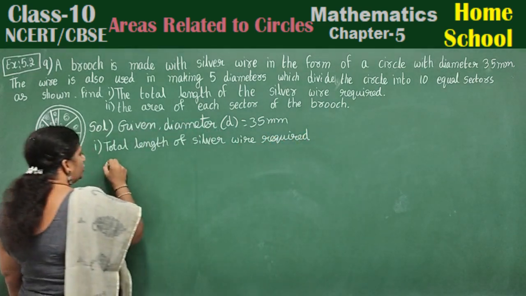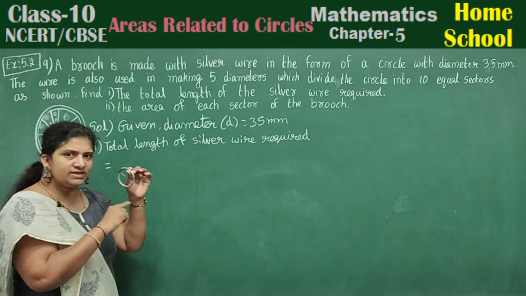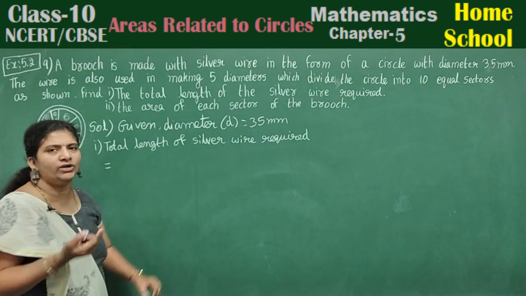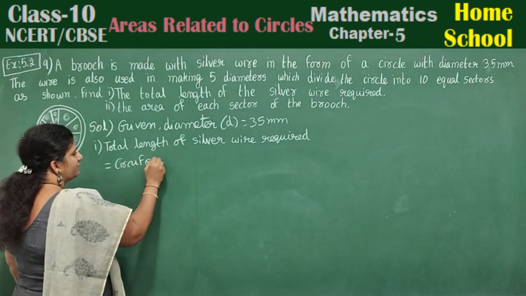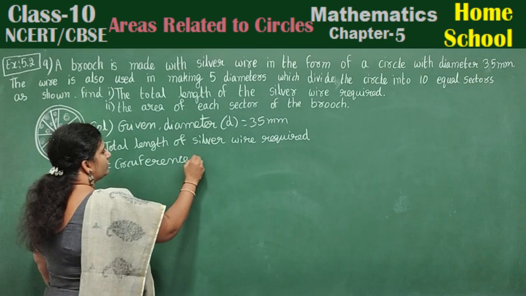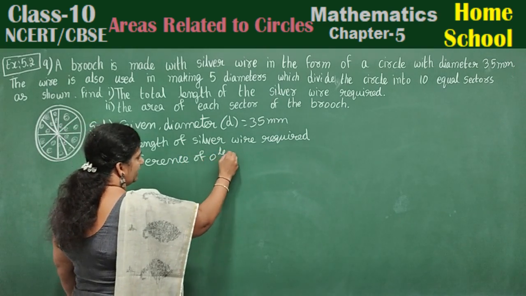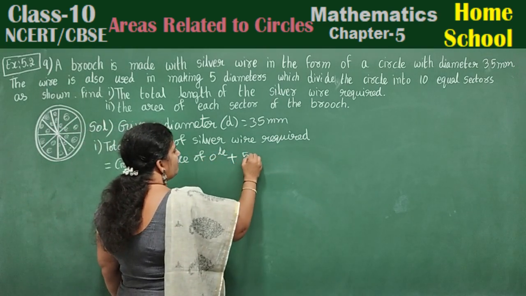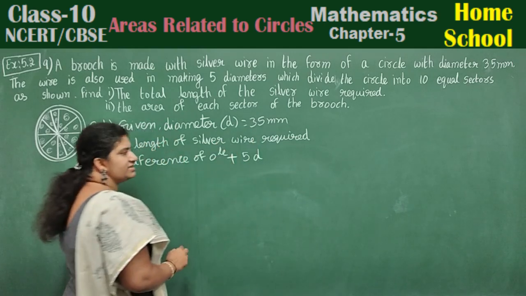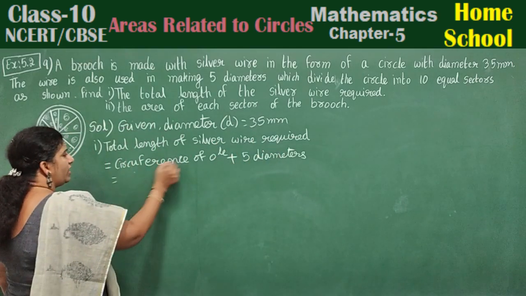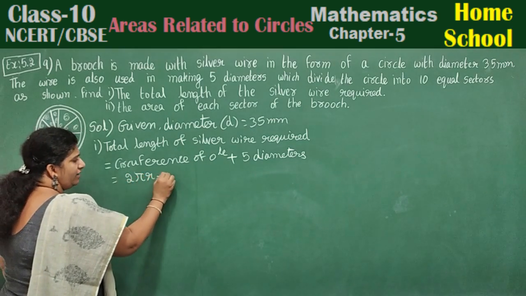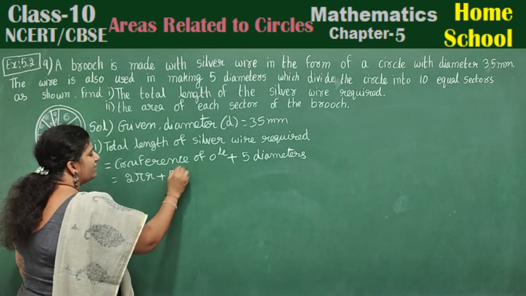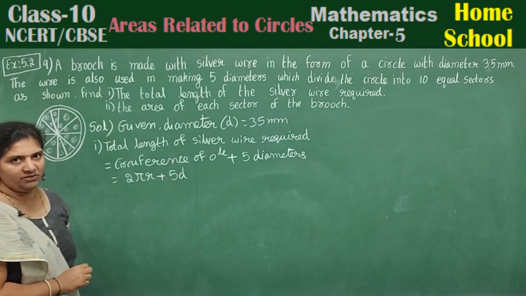Total length of silver wire required is equal to, where we are using the silver wire, the outer ring. Outer ring means circumference of circle plus 5 diameters. Write the formula. What is the circumference of a circle? 2 pi r plus 5 diameters, 5d.